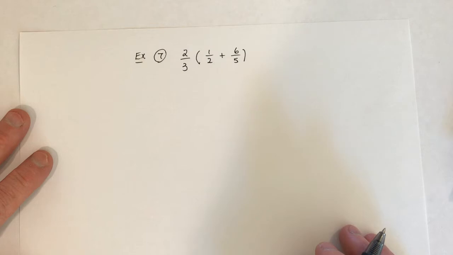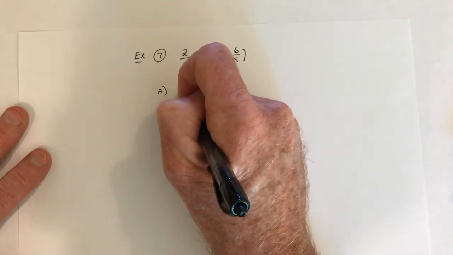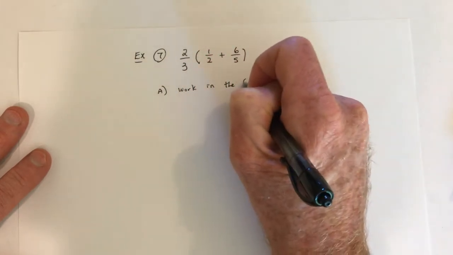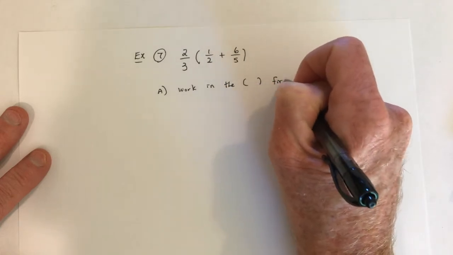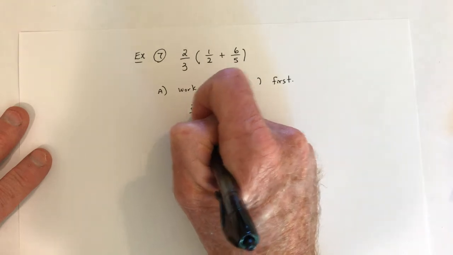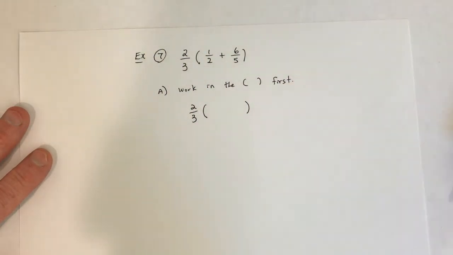With this one, there's two different ways to do it, and I'm going to do both ways. So for part A, work in the parentheses first. So leave the 2/3 on the outside and then work inside the parentheses.